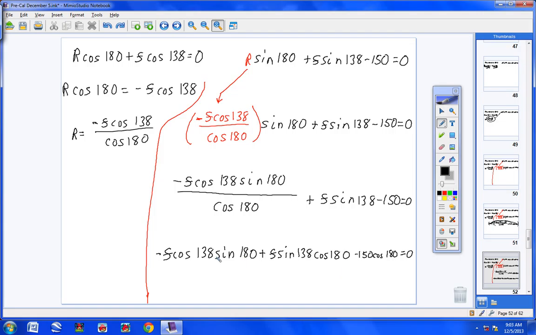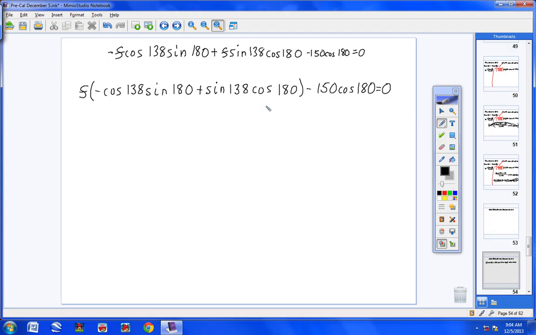Here's your equation. Now notice this term has an s, and this term has an s. Notice this term does not. So I want to get all of my s terms on one side. I'm going to take this term and bring it over to the other side. Oh, okay, that's my fault. I guess I decided to factor out the s first. No big deal, but I would have rather moved this over first, but that's okay.